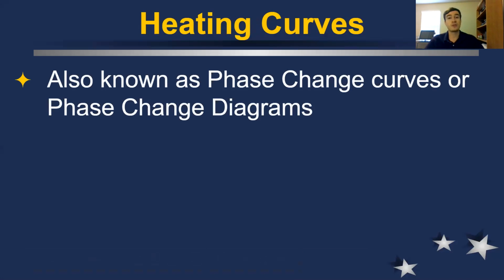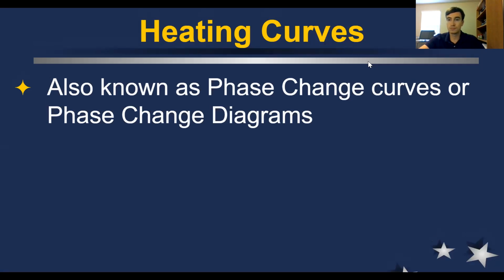So these heating curves are also sometimes called phase change curves or phase change diagrams. And like I said, they're a way of showing in a graph or a figure form what's going on with these phase changes that we just talked about. The melting and the freezing and the boiling, all that good stuff.